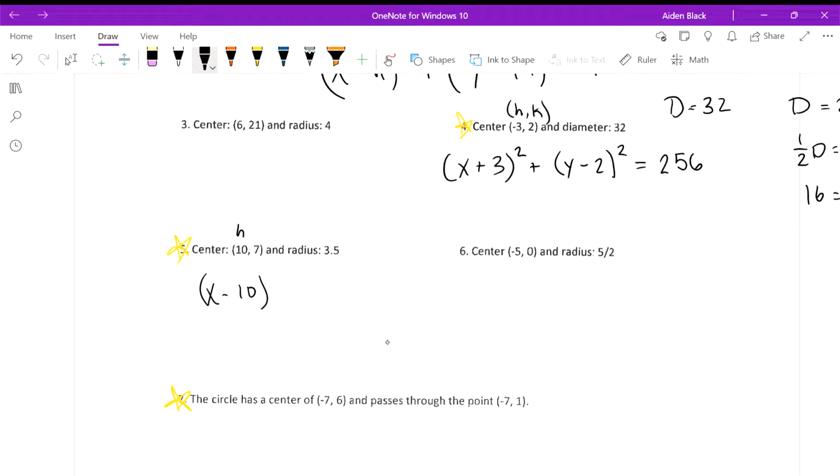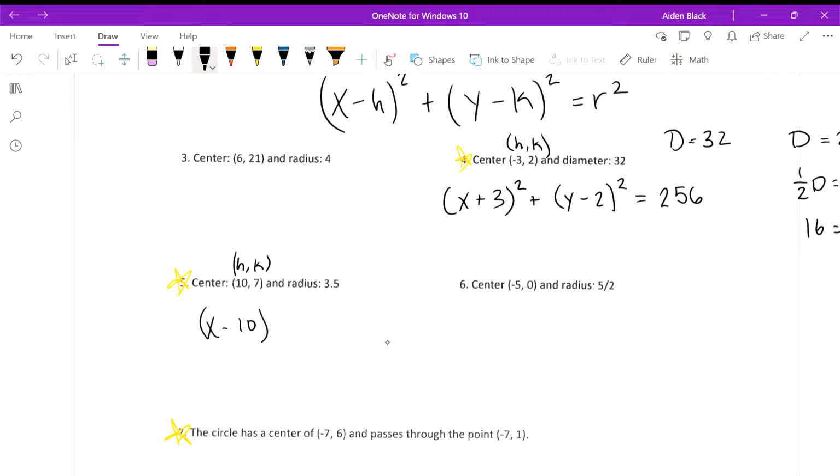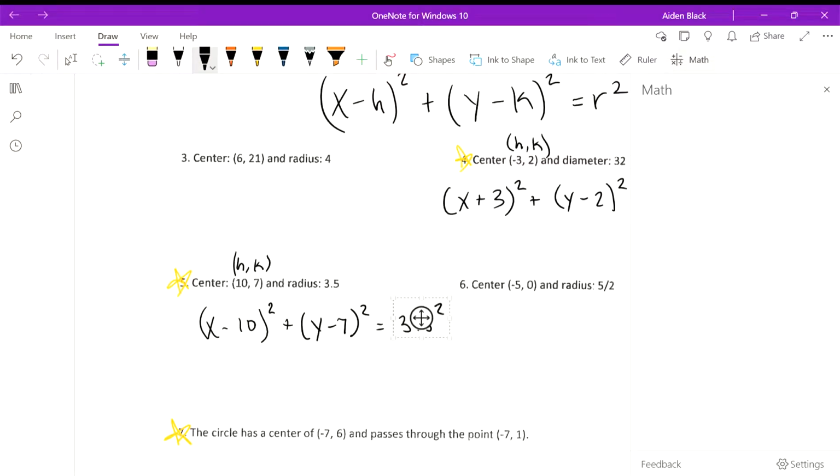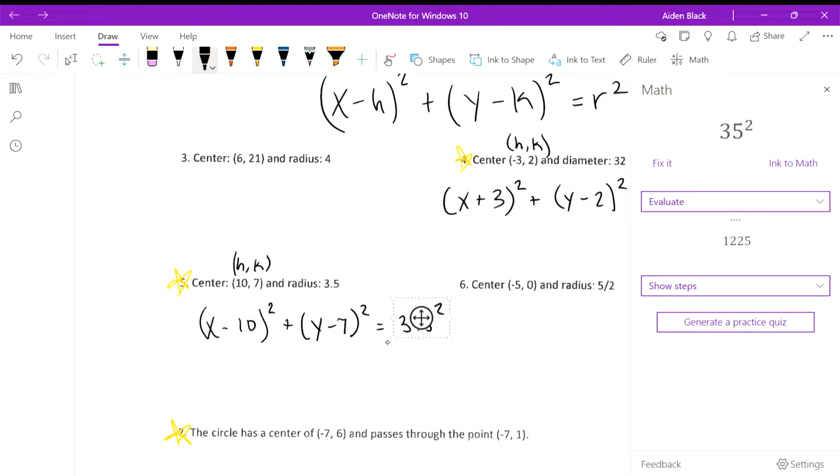If it helps, you can write h, k above it. It's really just filling in the blank. Y minus 7 squared equals, and we should have 3.5 squared, which is 12.25.